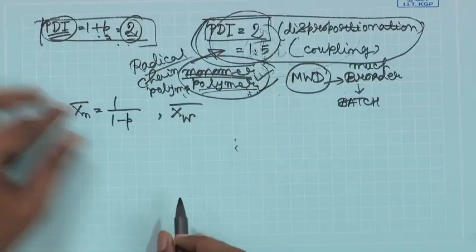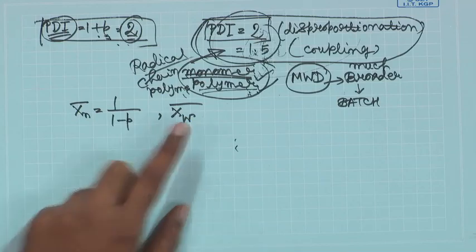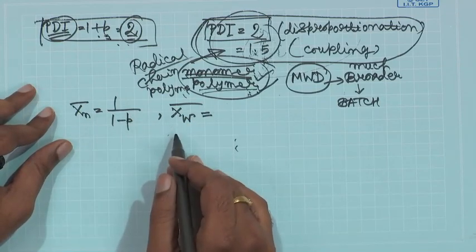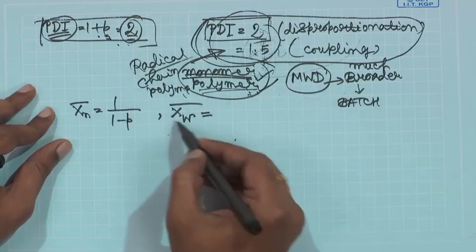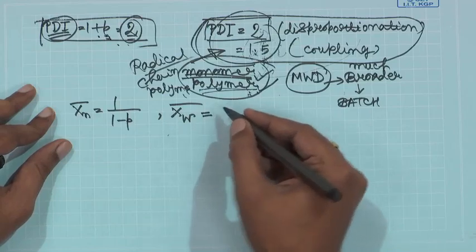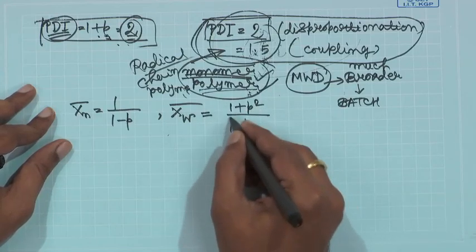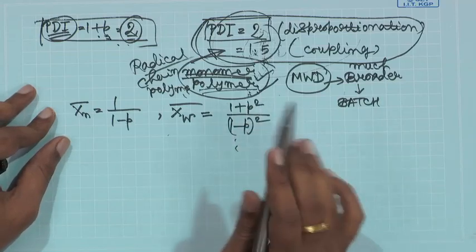Something we are not going to derive, but are going to assume, is the weight average degree of polymerization. If you are doing the step polymerization in a continuous stirred tank reactor, then the expression for xw bar will be equal to (1 plus p) squared divided by (1 minus p) squared. We are just going to assume this particular expression.